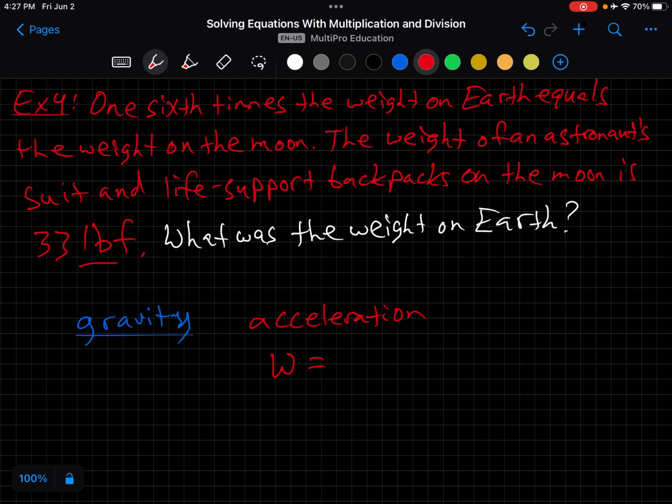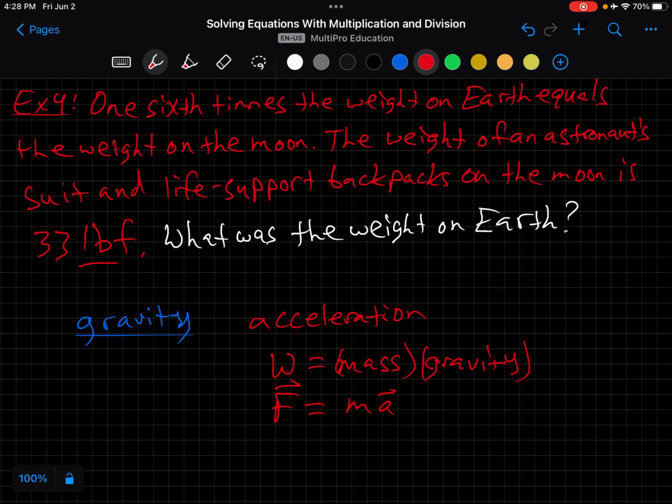And the way that we come up with weight, we take mass times gravity. Okay, this is basically derived from the force F, which is force, is equal to mass times acceleration. And this is a very, very famous equation here.